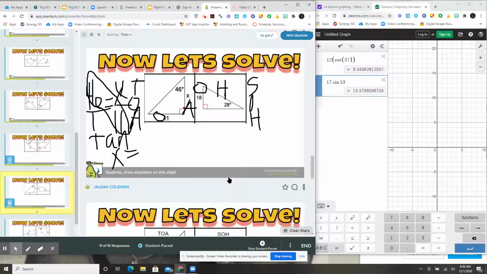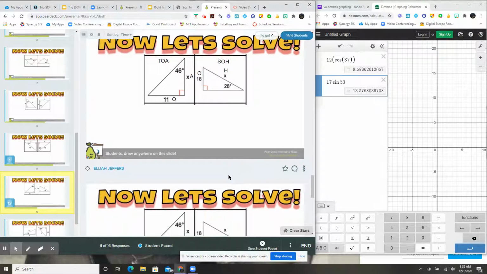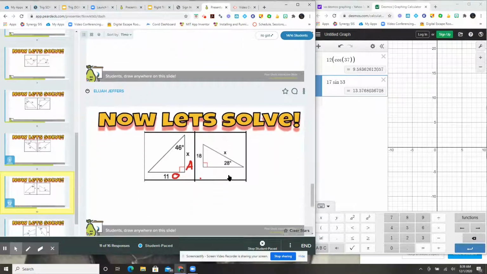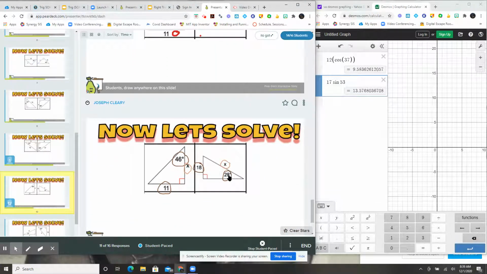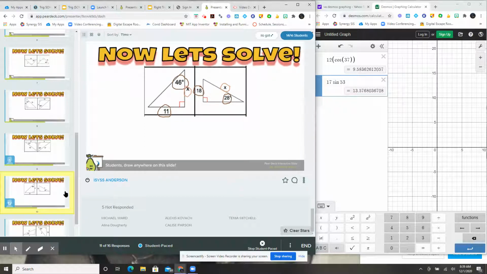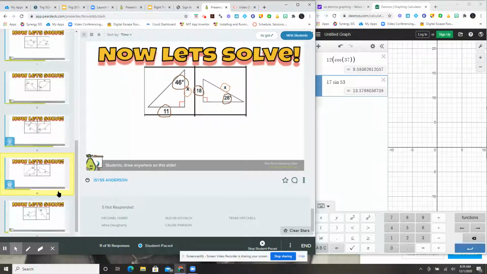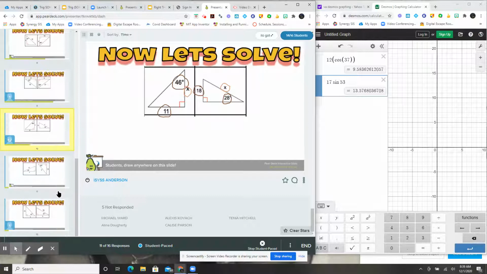Tangent of 46 equals 11 over x. You even wrote the TOA perfectly. It's O over A instead of A over O. So TOA: tangent, opposite, adjacent. Nice. For those working on slide 10, I'm going to let you work for another couple minutes and then we'll review it.